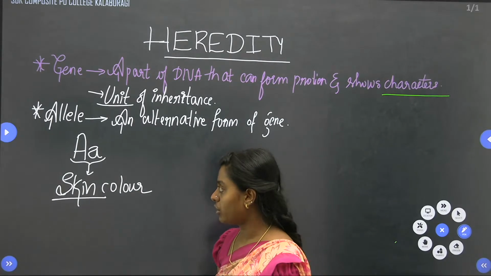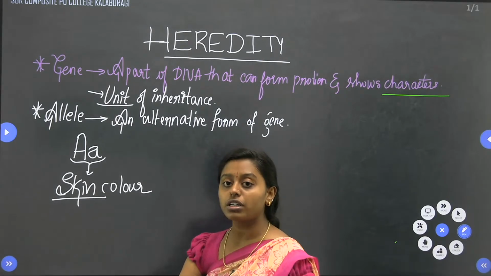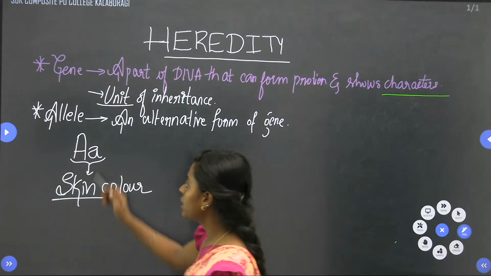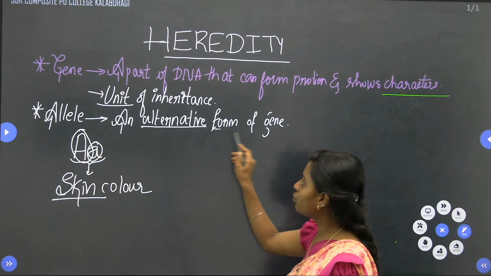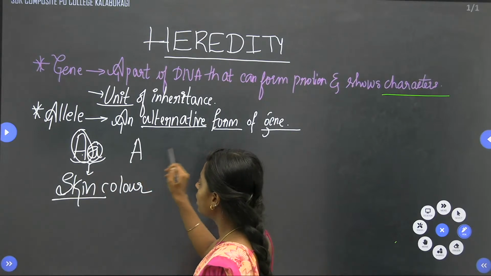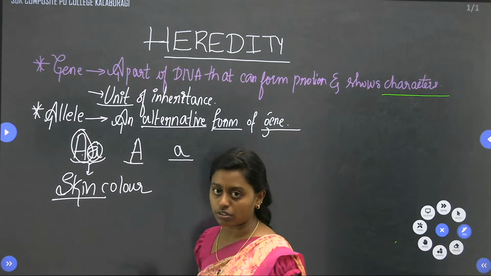Individually, if we observe, we can see that there are two different parts within it. Each one of them is termed as an alternative form of a gene. Capital A and small a are alternative to one another.